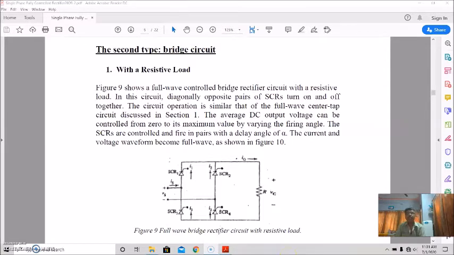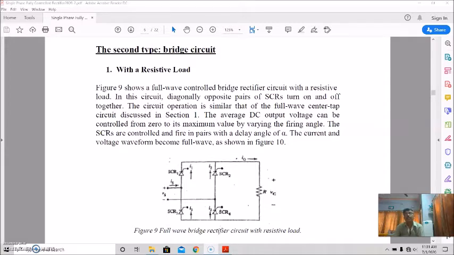In our last class, we discussed the single phase full wave controlled rectifier or converter with center tap type, and we discussed resistive load, resistive inductive load, and also resistive inductive load with freewheeling diode.